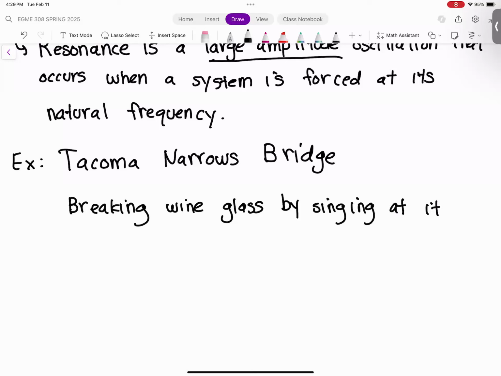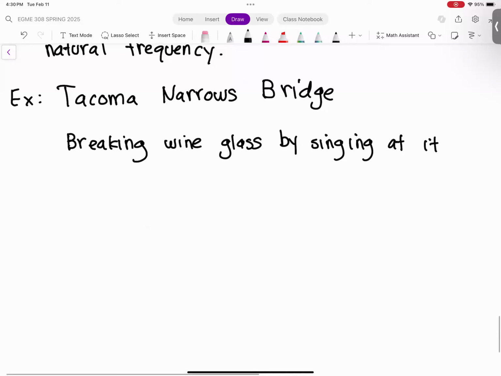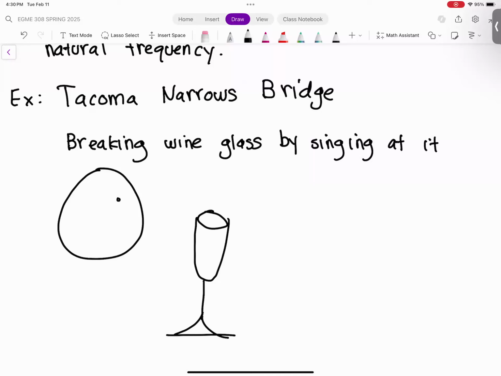This is usually a trick that's done by opera singers, people with a naturally loud voice, someone that can control their voice at a particular frequency. But typically, what happens? It looks like this. So you have a wine glass, right? And you have a person. Maybe they're upset or something, right? And if they sing at the wine glass at a particular frequency, right?